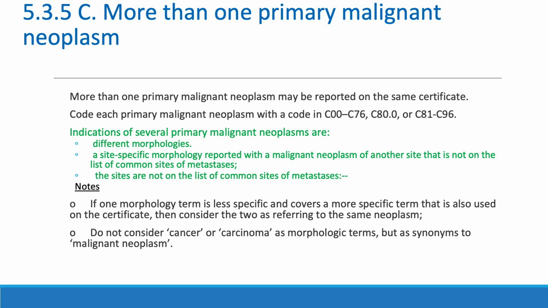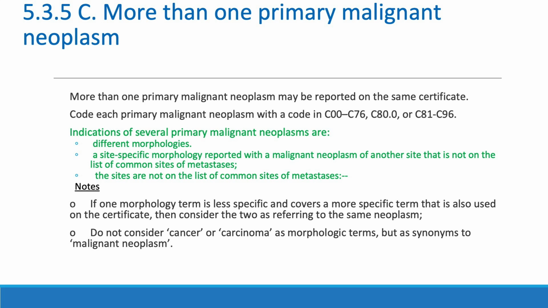Indications of multiple primary malignant neoplasms include different morphologies, site-specific morphologies not listed as common metastasis sites, and sites not on the common metastasis list.